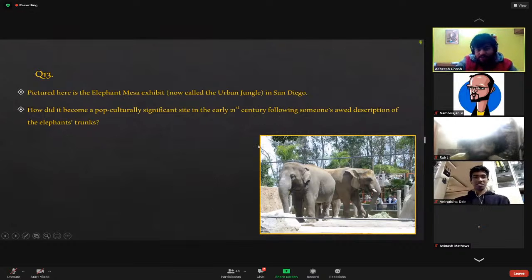This view might be something you've seen somewhere, in the context of someone being very excited about these elephants and talking about them.